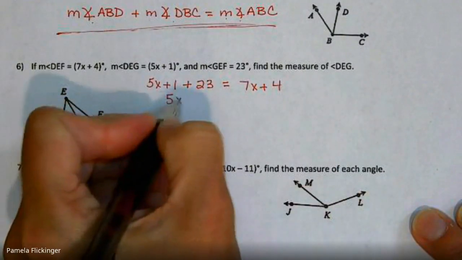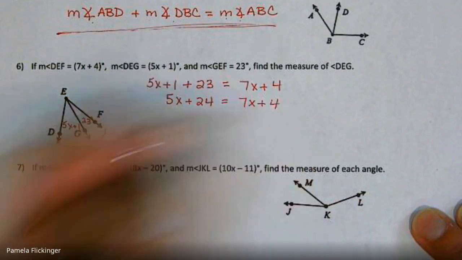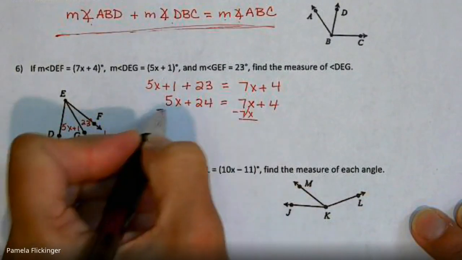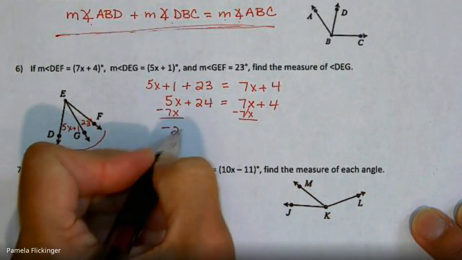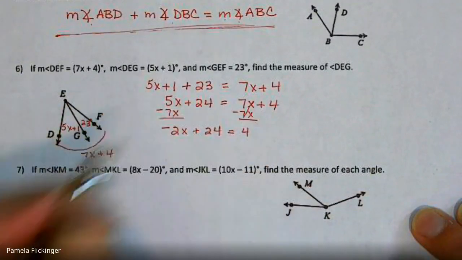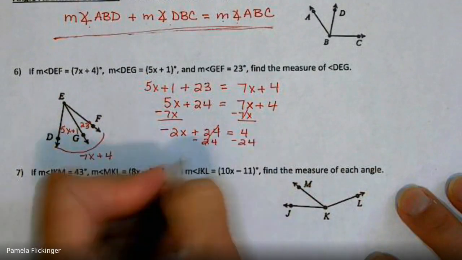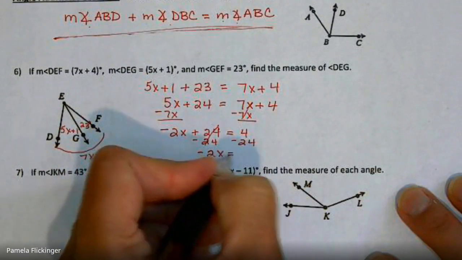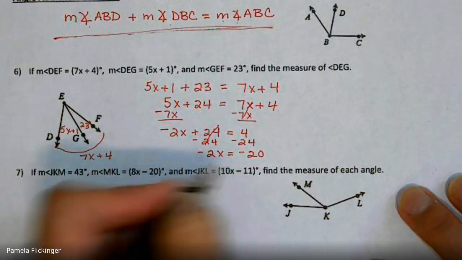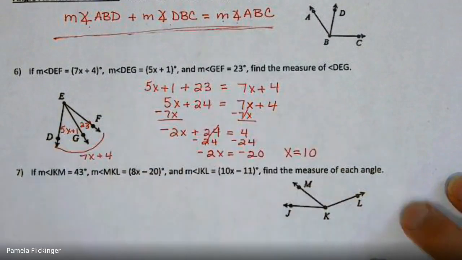Combine your like terms. So I'm going to subtract 7x, negative 2x plus 24 equals 4. Subtract 24. So we get negative 2x equals negative 20. Divide by negative 2. I'm going to get x to equal 10.